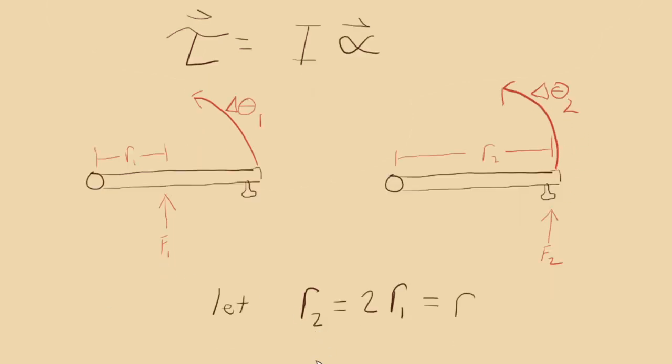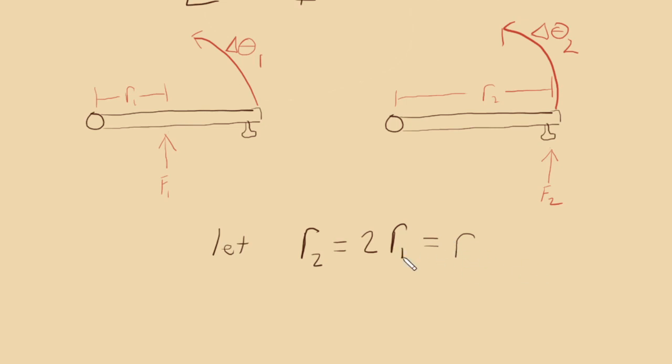And so if we let R2, our radius of our second door, be equal to 2 times the radius of door 1, instead of having the subscript, we could just say that the radius of door 1 is R, and then of course the radius of door 2 is going to be 2R.